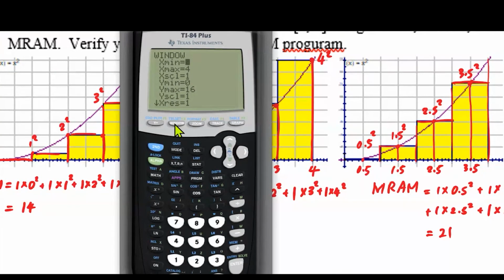So 0 to 4 for obvious reason. And then go down here, you want 0 to 16, because this will be 16 on that side. So we graph it. Then this shows up.